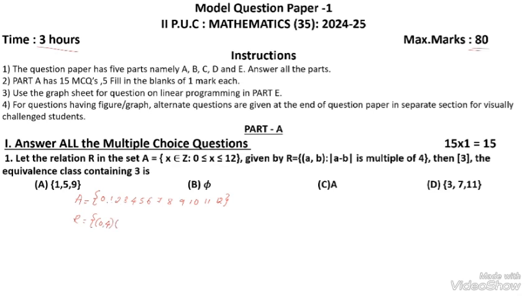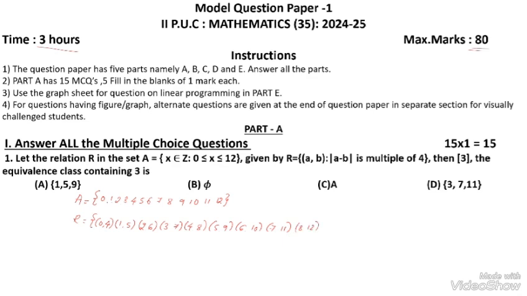Similarly 1 comma 5, then 2 comma 6, 3 comma 7, 4 comma 8, 5 comma 9, 6 comma 10, 7 comma 11 and the last one 8 comma 12.